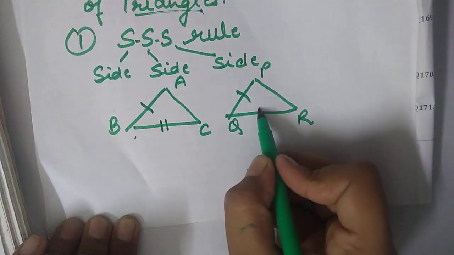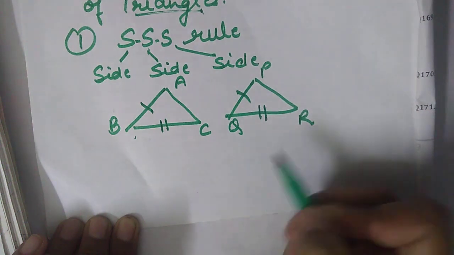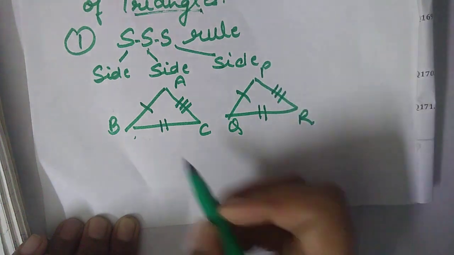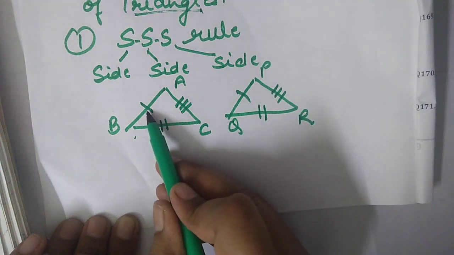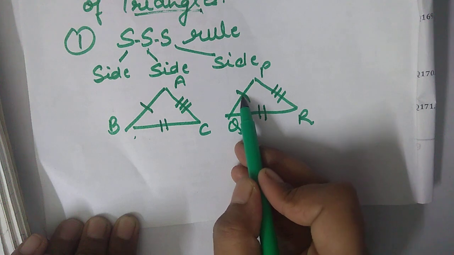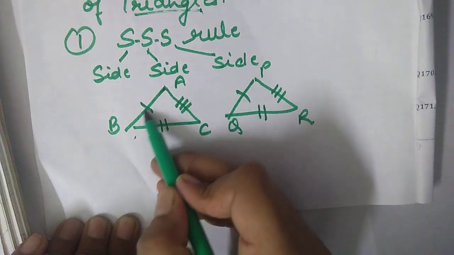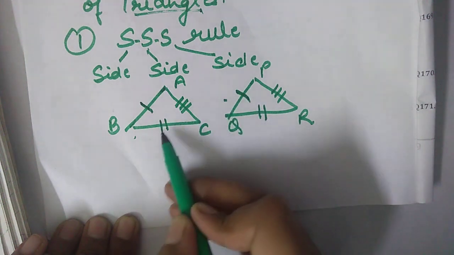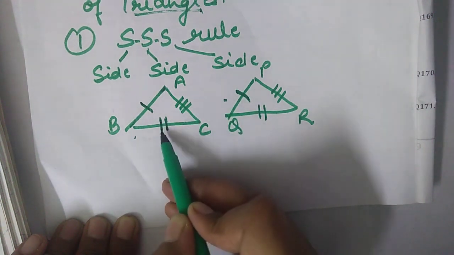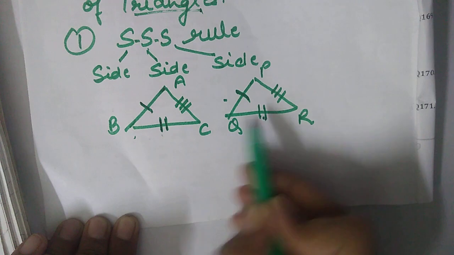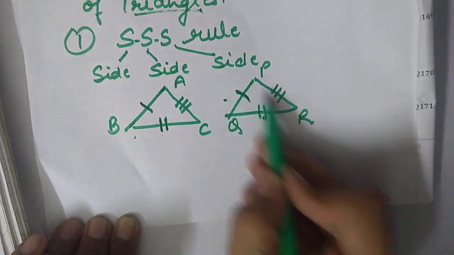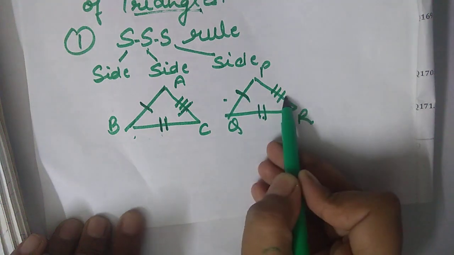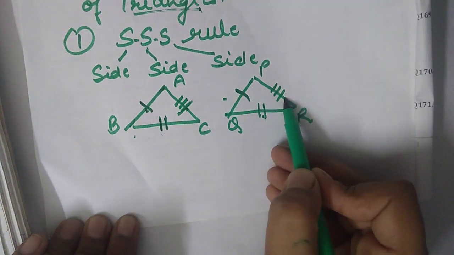BC is equal to QR, and AC equal to PR. Here I have drawn one line, and here also I have drawn one line. It means the sides which are cut by one line are equal, and these which are cut by two lines are equal, and this AC and PR is cut by three lines, so it means this line is equal to this.